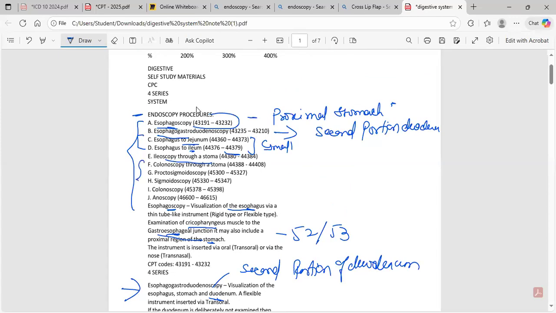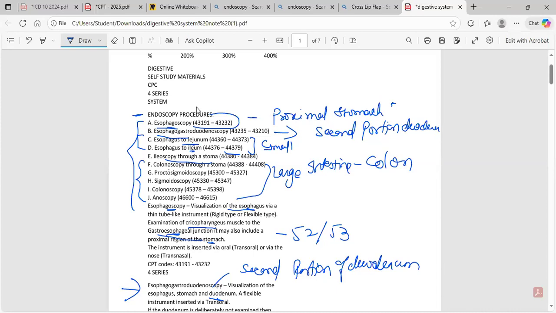Next we have these codes for the large intestine. The prefix we have to use for the large intestine is colon. So first is colonoscopy.